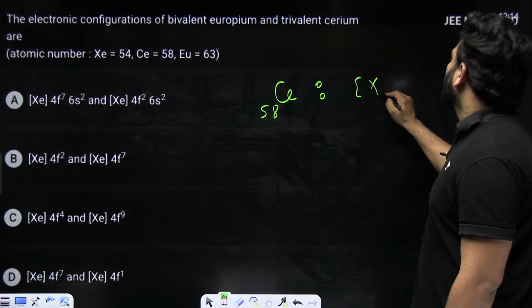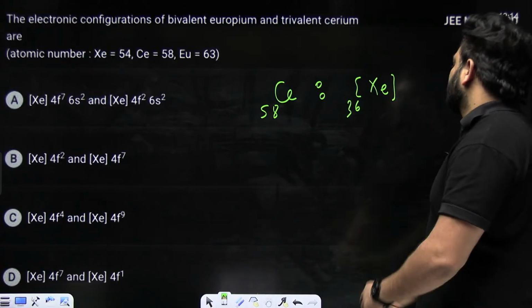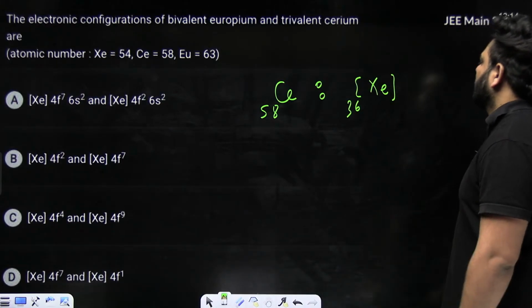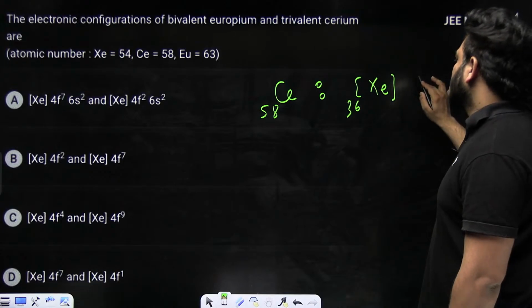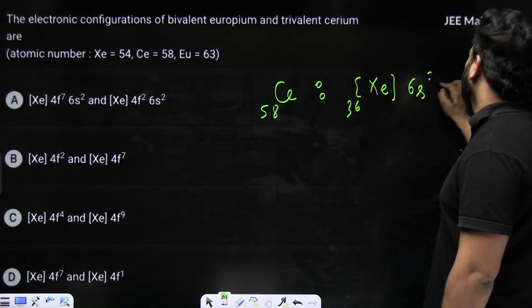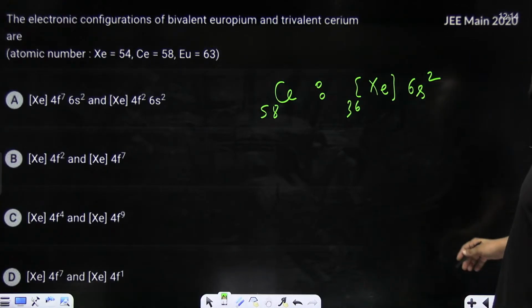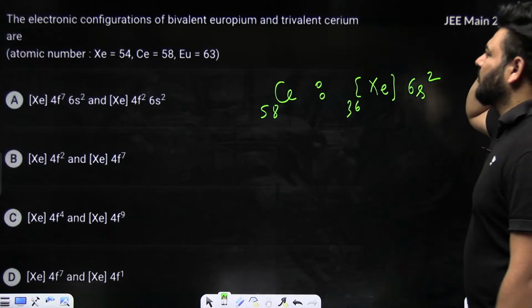So xenon 36, we have 6s2, and we have to make it what?